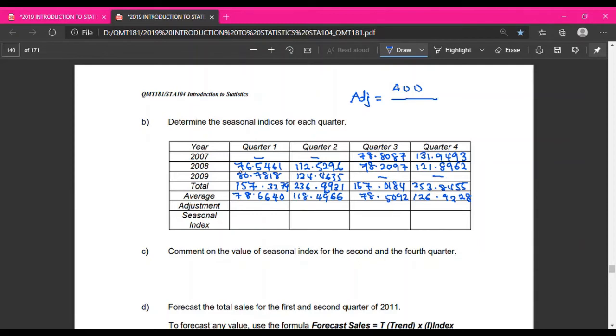So it is 402.5926. So the answer will be 0.9936. So all the adjustments here sama 0.9936.